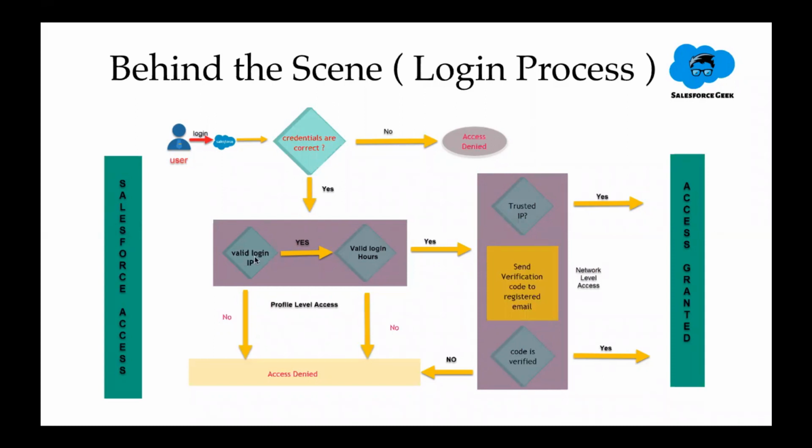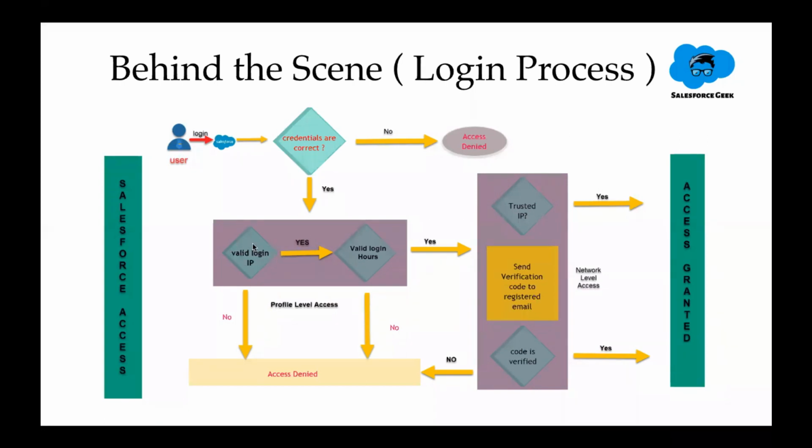Login IP ranges: suppose that you are working for an organization. That organization must have its own IP ranges, and they only want you to access the Salesforce environment from their IP ranges. If you are at home, you cannot access. In that case, we need to go to the profile for that user and provide those IP ranges there.